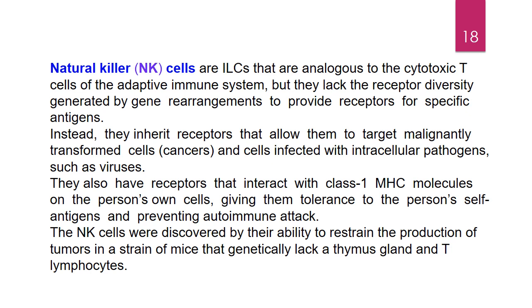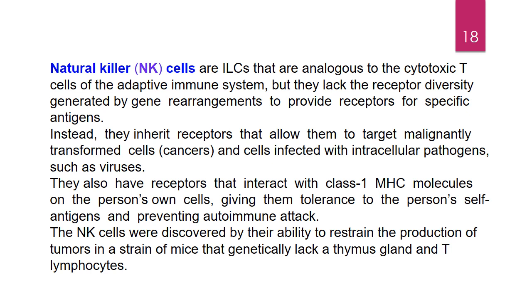Instead, they inherit receptors that allow them to target malignantly transformed cells, meaning cancers, and cells infected with intracellular pathogens such as viruses. They also have receptors that interact with class 1 major histocompatibility complex molecules on the person's own cells, giving them tolerance to the person's self-antigens and preventing autoimmune attack.